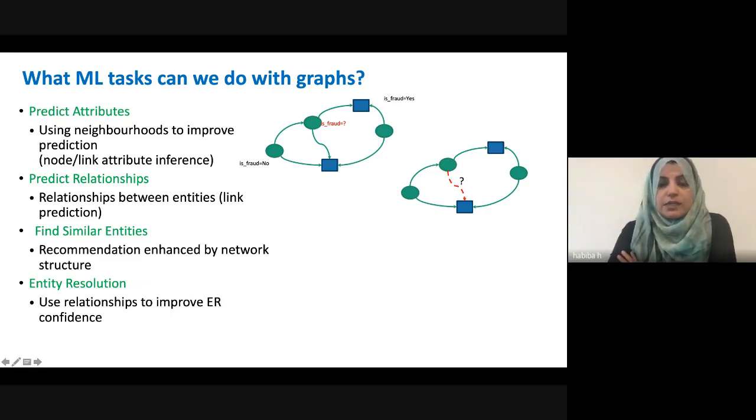If there are missing links, you are able to predict those as well. For example, you don't know if two individuals have had any connection, a phone call or something, or are associated with each other. You could predict those links as well.